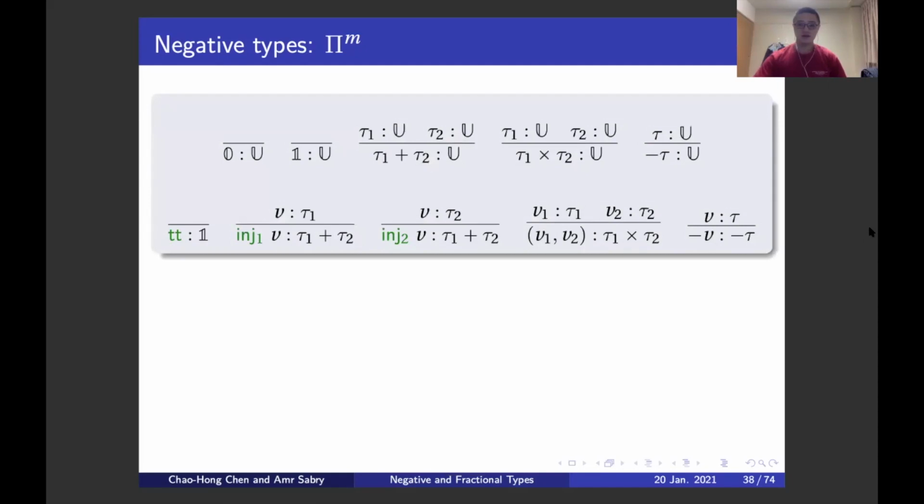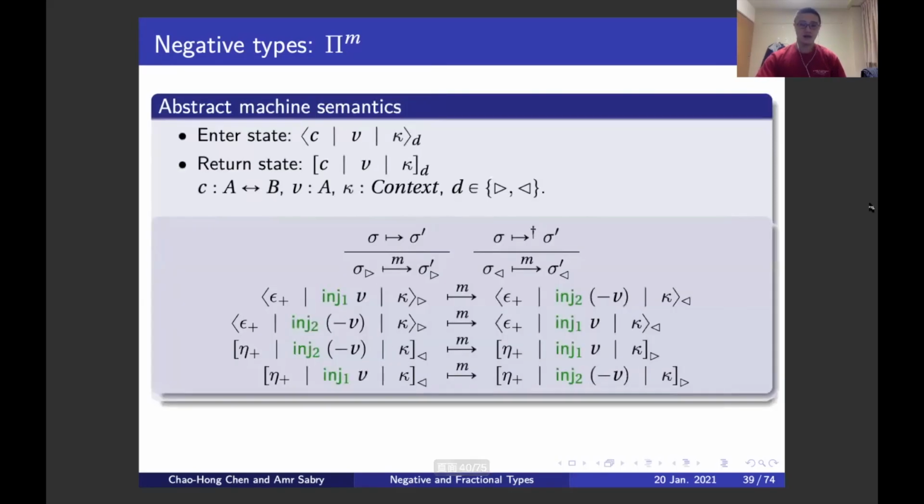In the type system, we just add new negative types, and a value of negative type is just a normal value with a flag which indicates that it is going backward. And for the machine semantics, we need to add a direction flag for each state because now we can go either forward or backward.